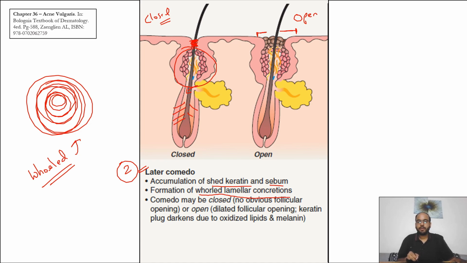So a comedone may be closed, with no obvious opening, or open if the follicular opening is dilated and the plug is visible to the environment. When the plug is exposed to the environment, the oxidized lipids turn the color to black. Oxidized lipid and melanin. That is why open comedones appear black, while closed comedones are just beneath the skin.